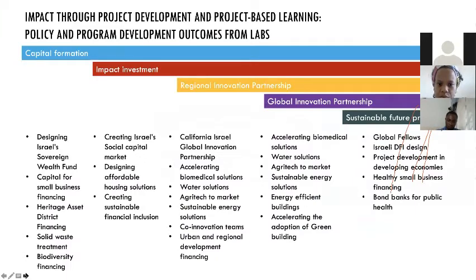We've done this a lot here in Israel. We've done it also in the United States, and in Africa and in India and in Latin America. And here you just see a number of the different labs that we do.